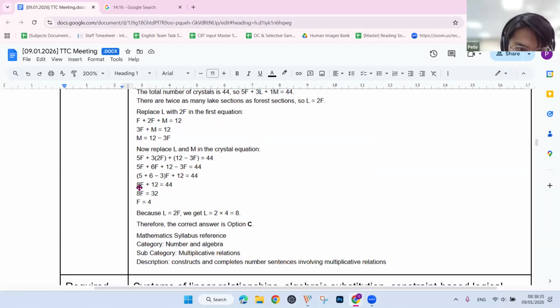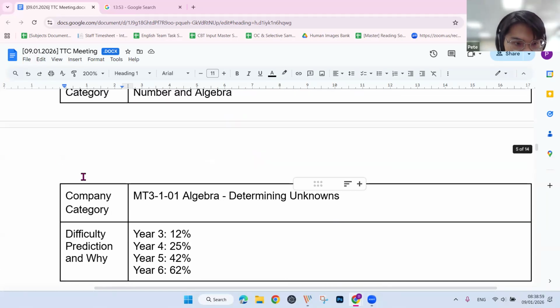After solving this equation, we have F equals 4. The lake section is twice the number of forest sections, so the lake sections would be 8. The correct answer is option C. The category is MT3101, algebra, determining unknowns.